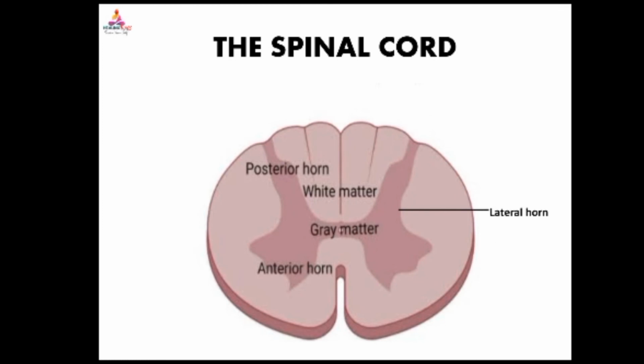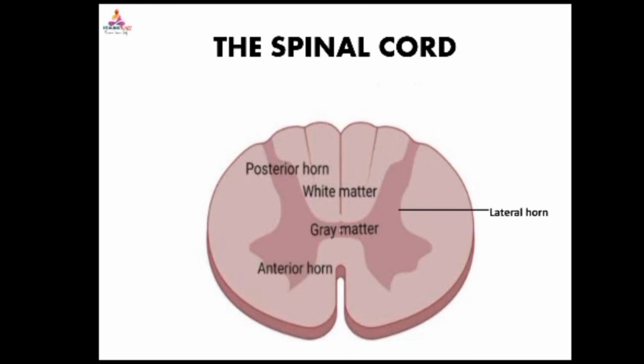In the central nervous system, the next part is the spinal cord. The spinal cord is the long cylindrical lower part of the central nervous system, occupying the upper two-thirds of the vertebral canal.